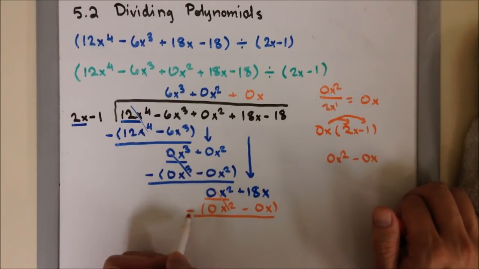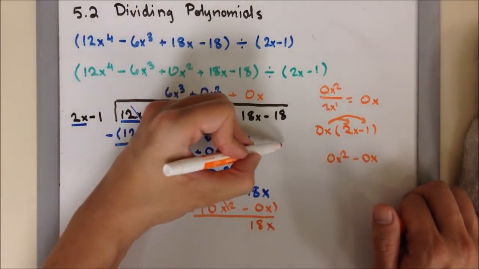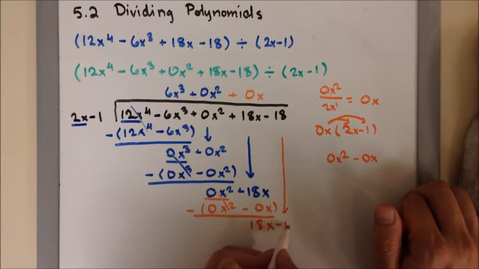Then over here, when I distribute the negative to this one inside, that will become plus. So 18x plus 0x will be 18x. And then I'm going to bring down my minus 18.